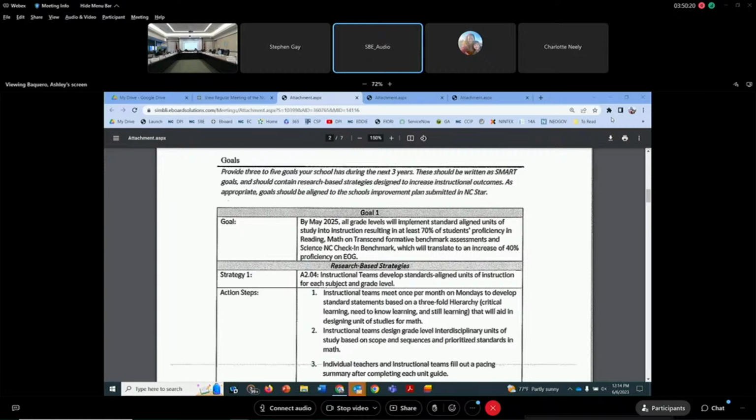One of those conditions is that if we don't find that this plan is likely to result in improved academic outcomes, we will make recommendations for changes that must be included in the plan. And failure to have a CSAB approved plan by June 30th will result in the termination of your charter on June 30th.